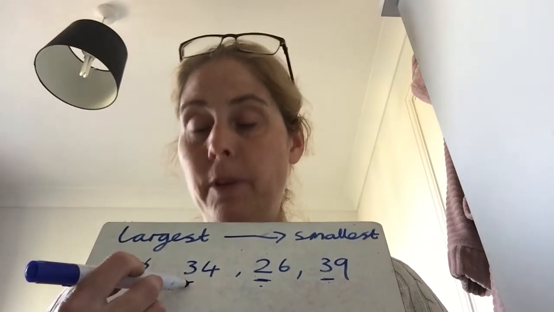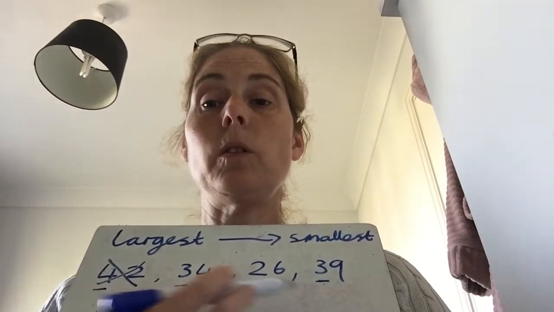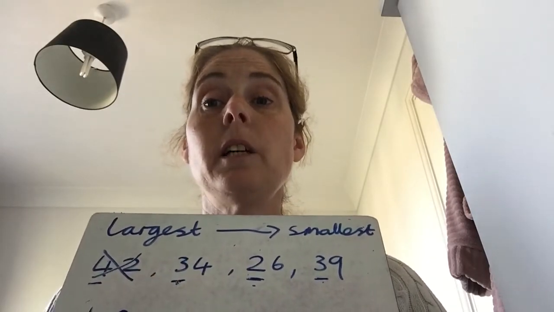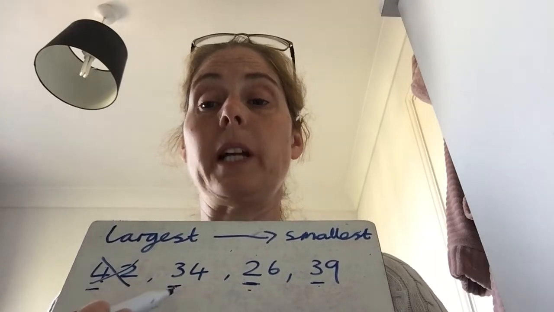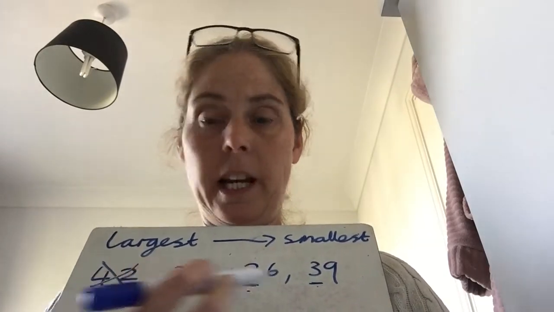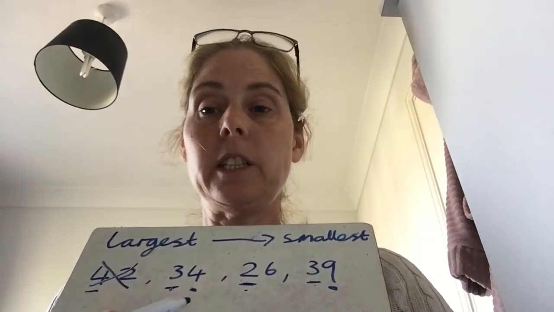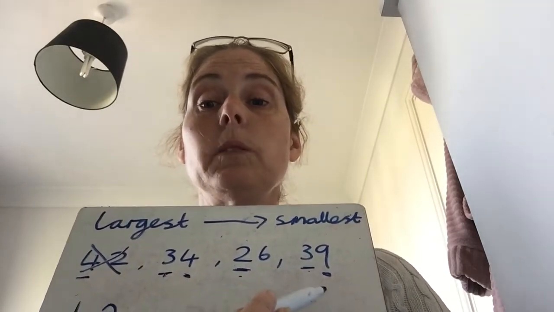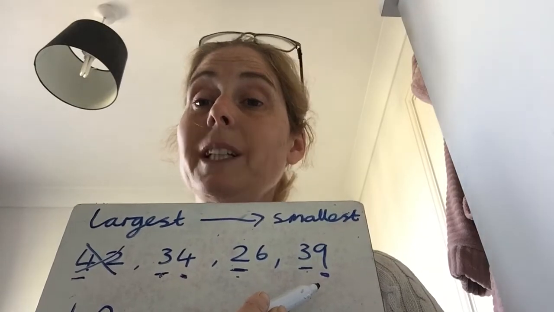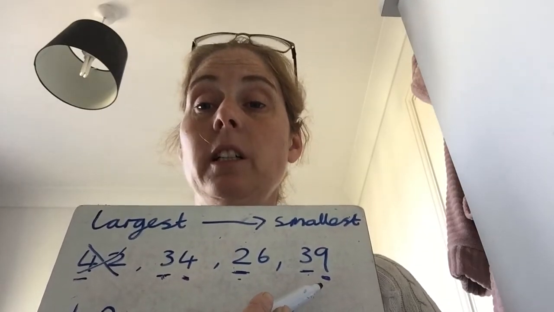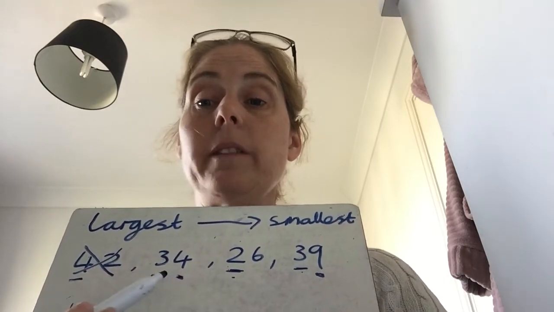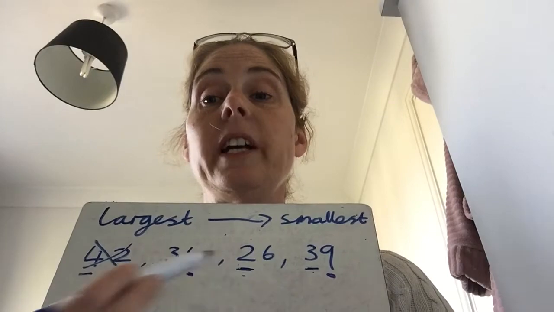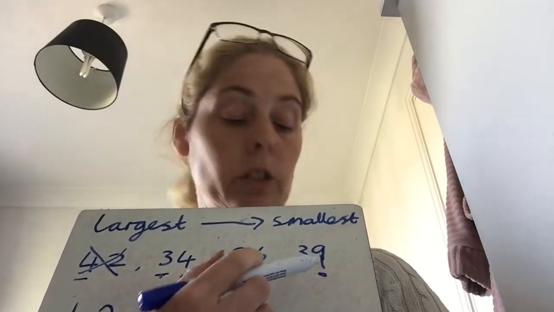Okay, remember I said yesterday, if we can't order them just by looking at the tens, because they've got the same number of tens, we then need to look at the ones number. Okay, so if we look at the ones here and here, we can see straight away this one has 4 ones, this one has 9 ones. So which one is bigger? Which one is larger? This one, because it has 9 ones, whereas this one only has 4 ones. 9 is larger than 4, so this number has to be bigger.